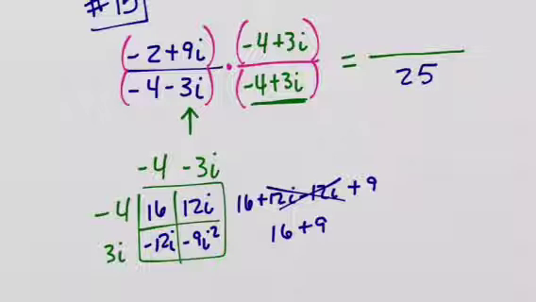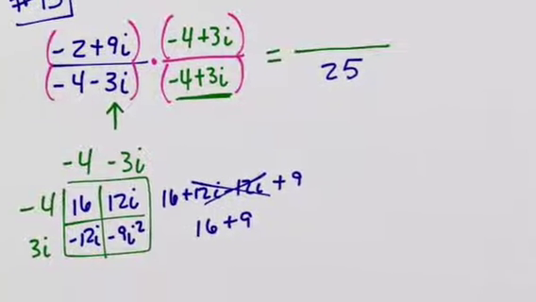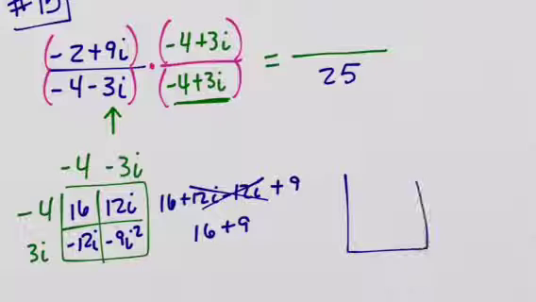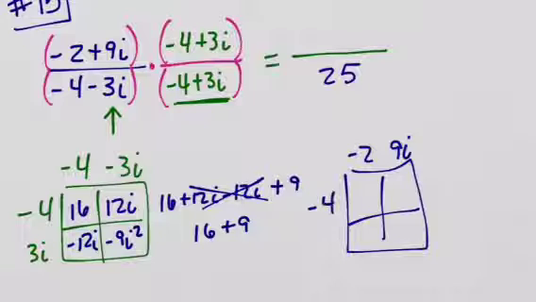Now let's do a box over here for the top part, because I need to FOIL him too. And this is where being comfortable with what we learned last chapter helps. Hopefully my math there is right.